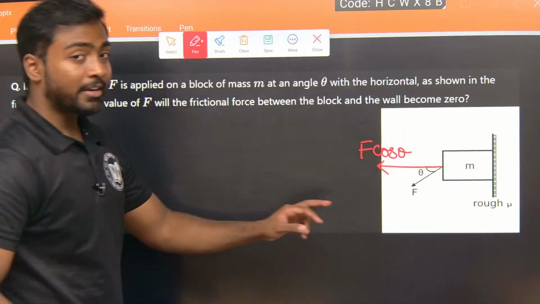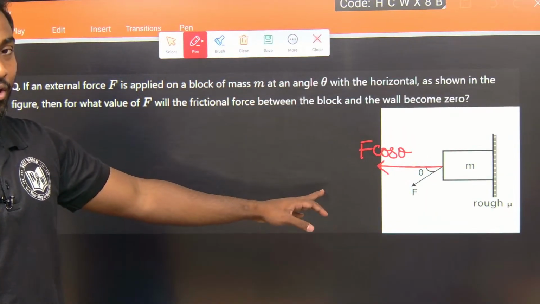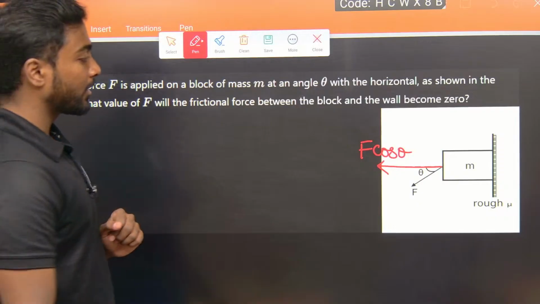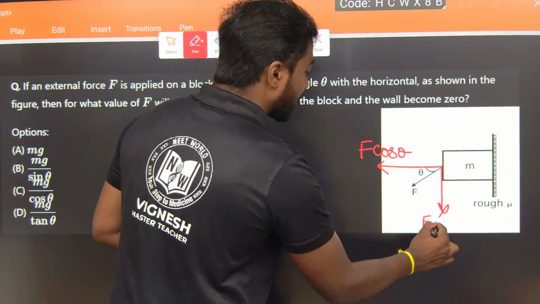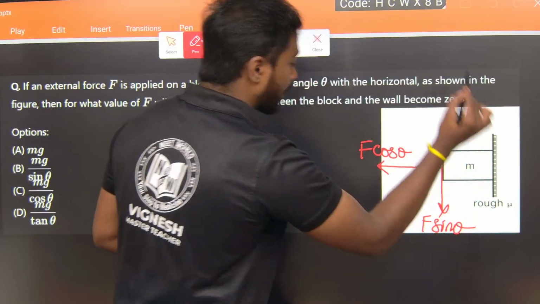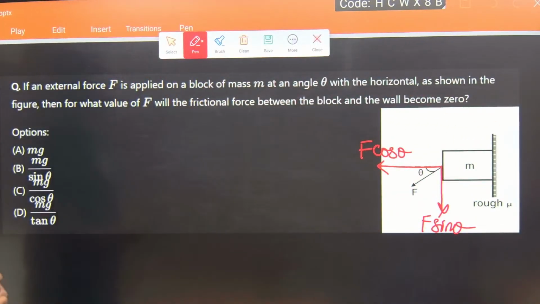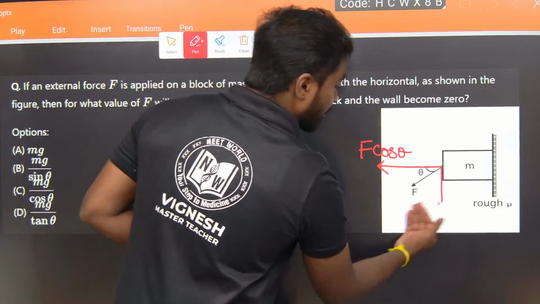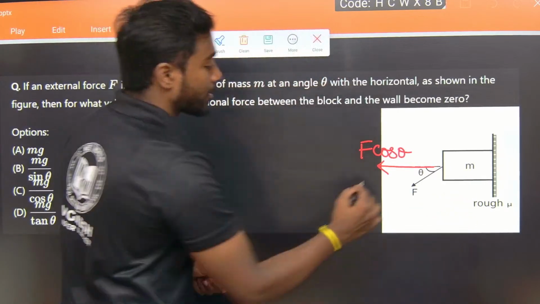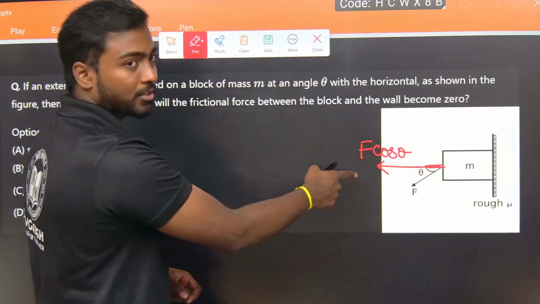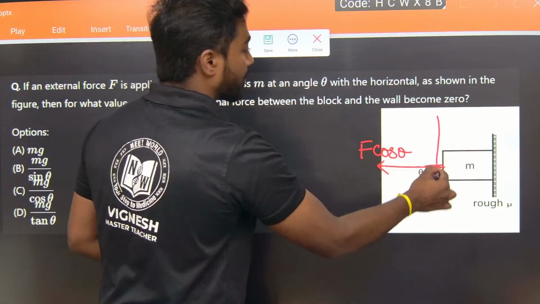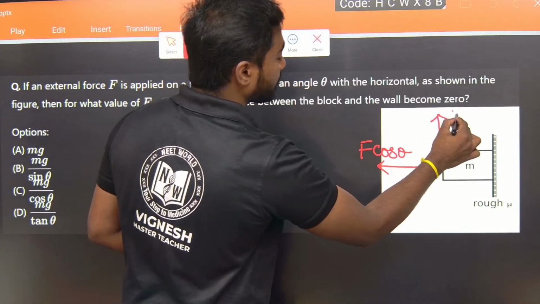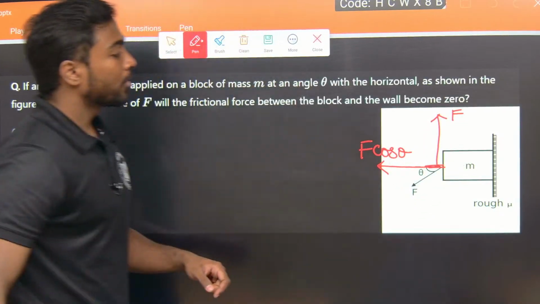When theta is near, I take cos theta, and away from theta means sin theta. So this is my F sin theta. I should not take it like this; this is cos theta and this one will be my sin theta. Yes, F sin theta.